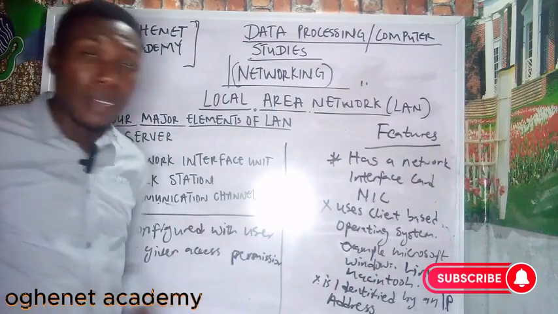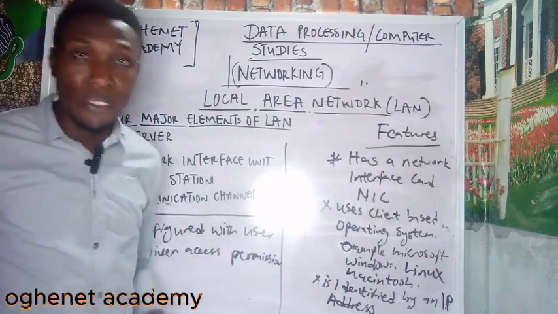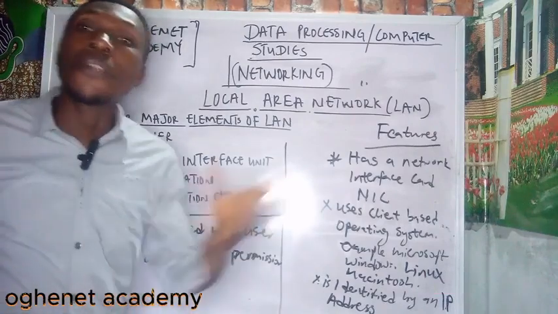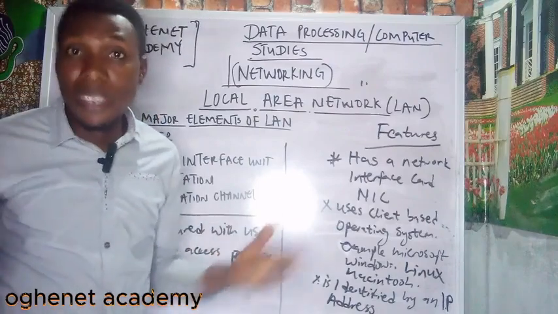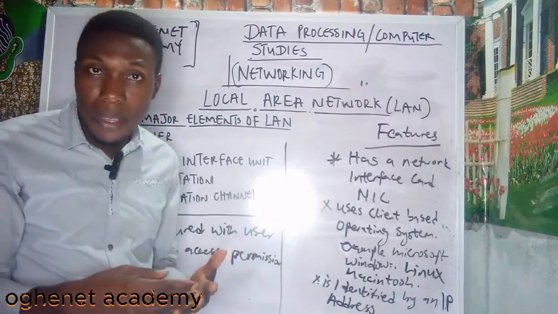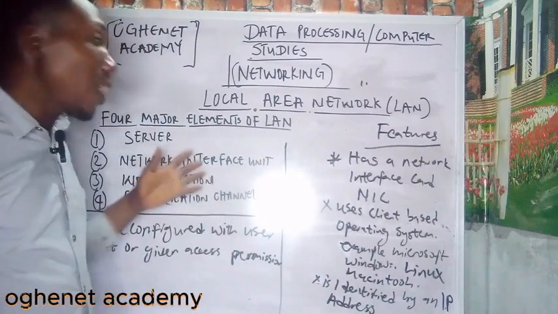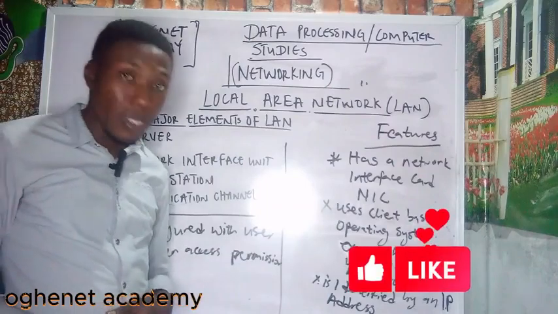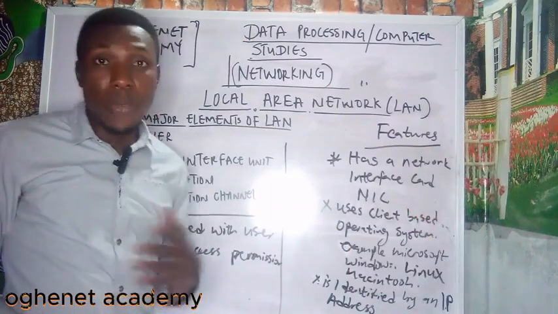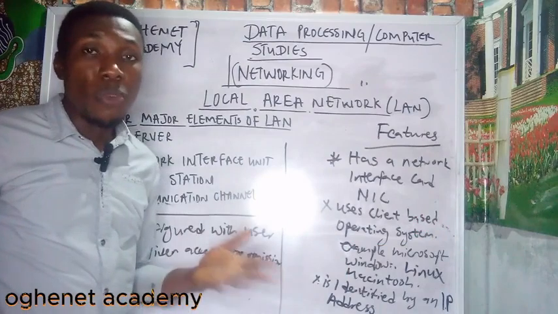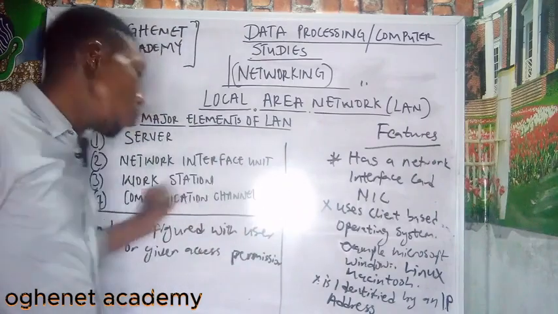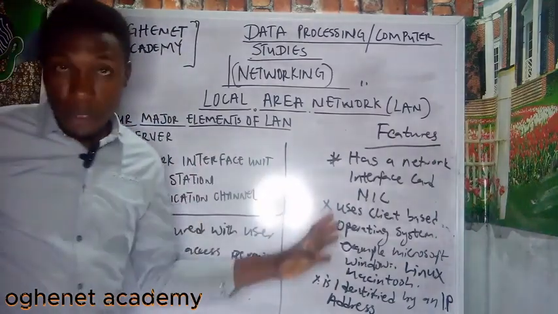Because when we're talking about networking, we're talking about the connection of one or more computing devices. And when you're talking about connection, there will have to be cables, because a local area network is not a wireless network. Take note, we actually have a wireless network where we do not have to make use of cables, but in this scenario, we make use of cables.